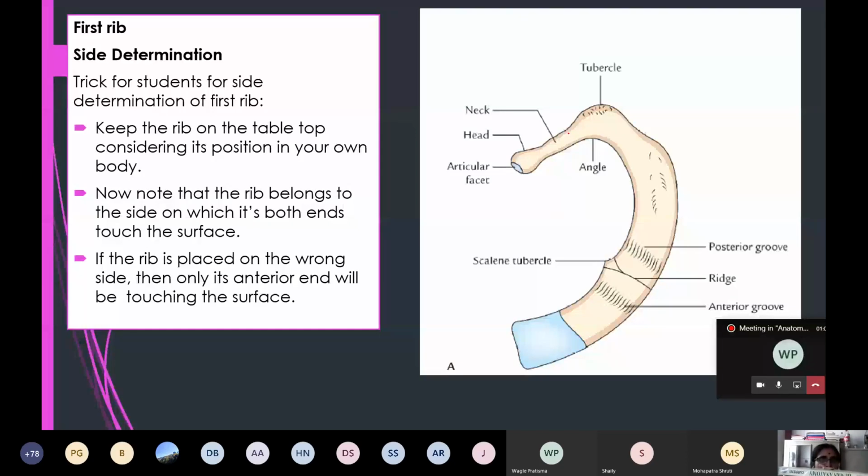This is the wrong anatomical position. Here you see this is the right side. This is the right anatomical position. This is very important. Most of the time in viva, spotter, OSCE, OSPE, and gross spotter, the important bone that we ask in exam is the first rib.